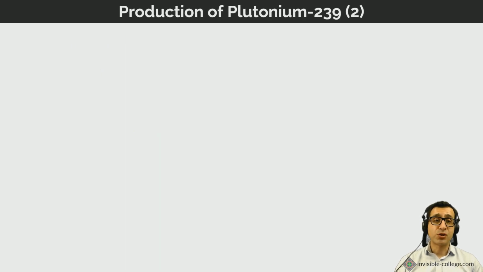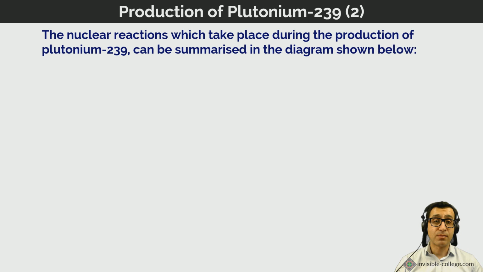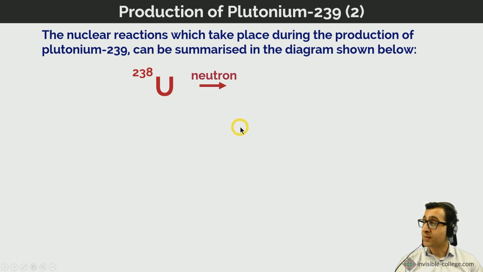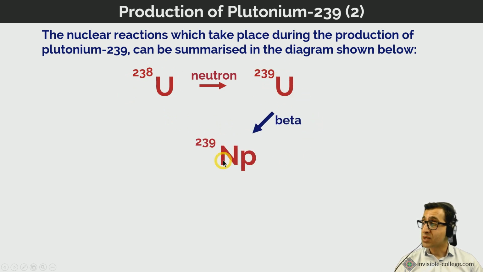So, the nuclear reactions which take place during the production of plutonium-239 can be summarized by this series of reactions. We fire a neutron at uranium-238. This produces uranium-239. Uranium-239 then undergoes beta emission to produce neptunium-239.